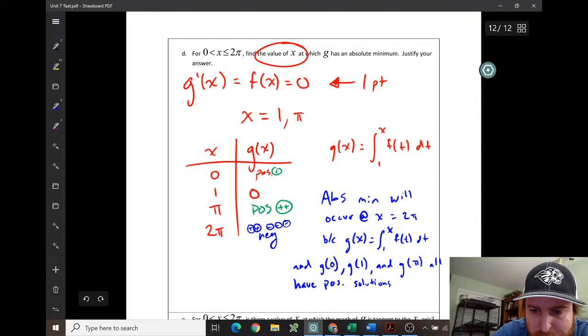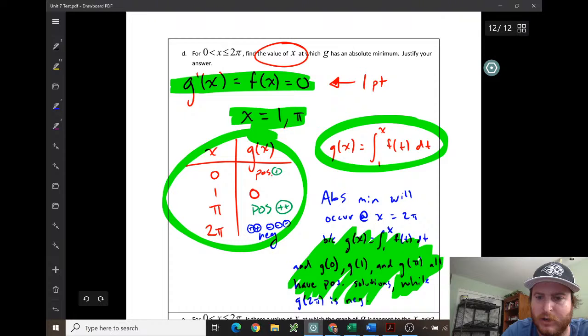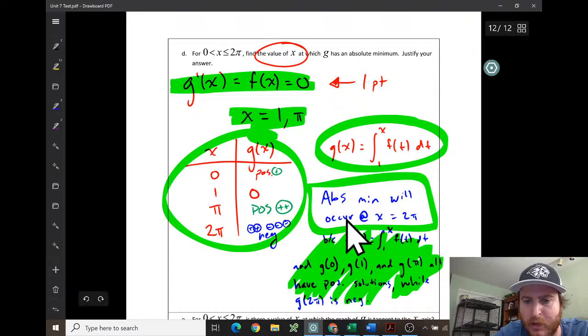So again, this whole because is optional. You could get full credit without writing it. Basically just having this written, with some kind of a table, maybe accompanied by that equation, and then stating that the answer is at 2 pi will give you full credit here. So this is just extra explanation.